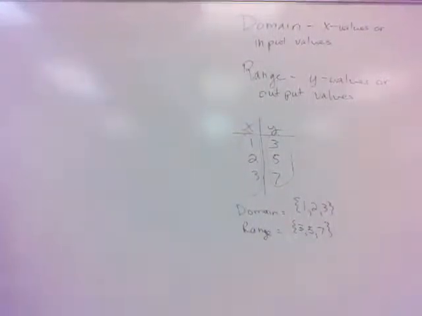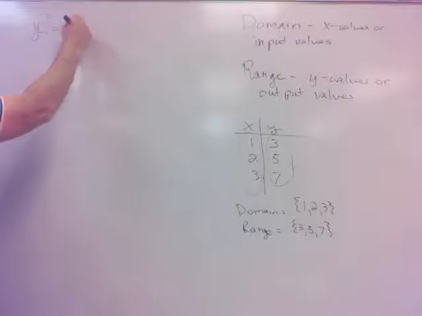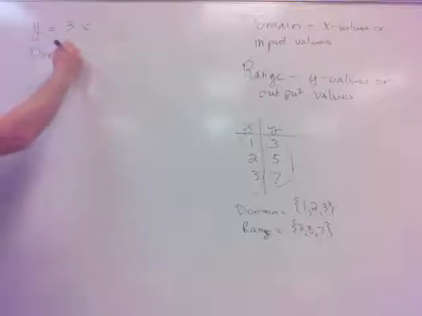For example, let's just say I have an equation, a function. Y equals 3x, a linear function, or f of x equals 3x, either one. On that particular one, the domain, again the x's.